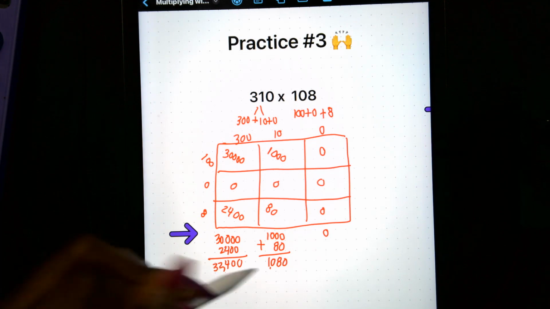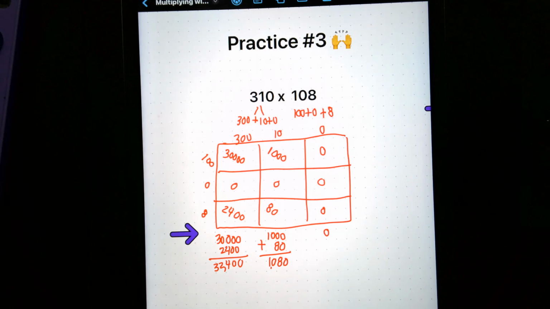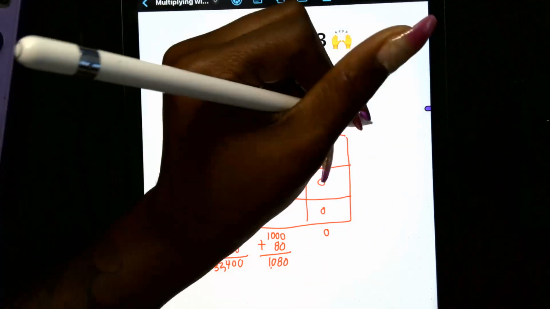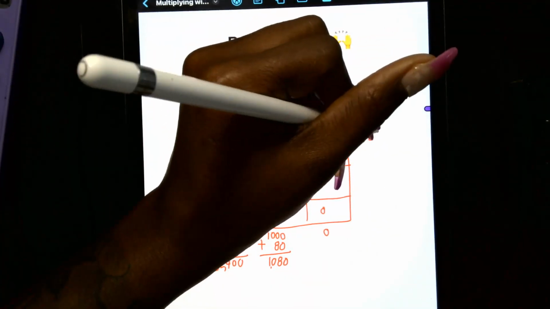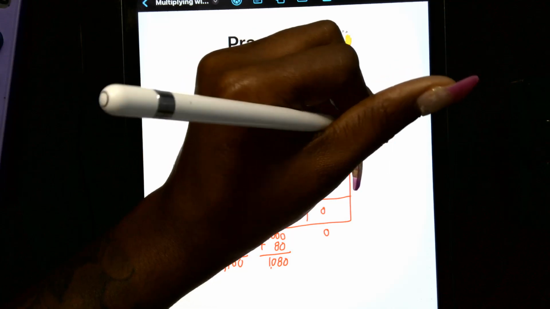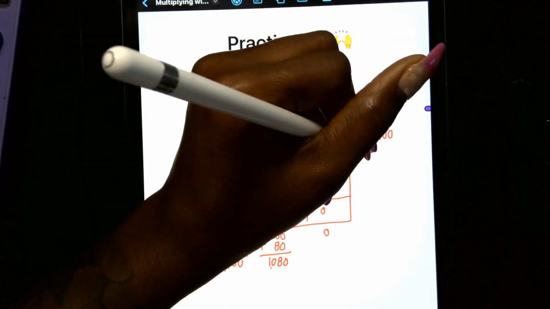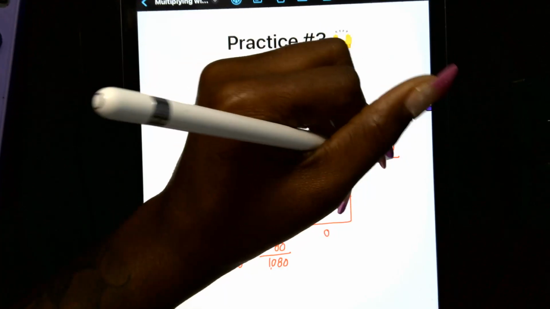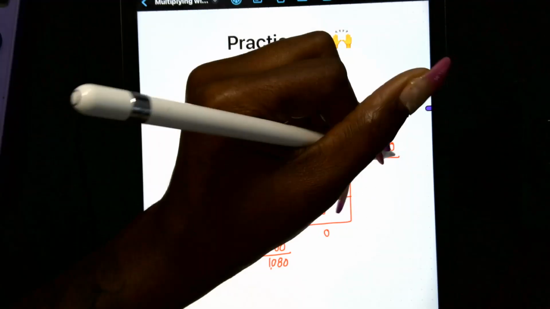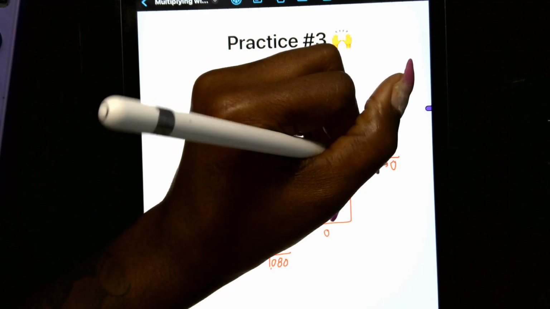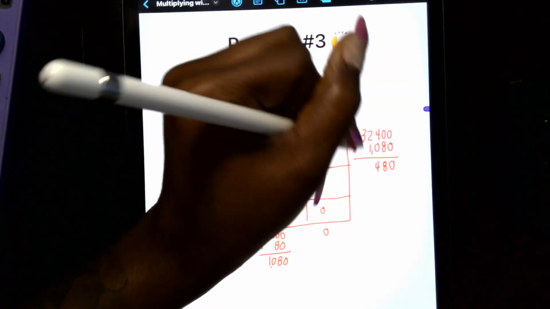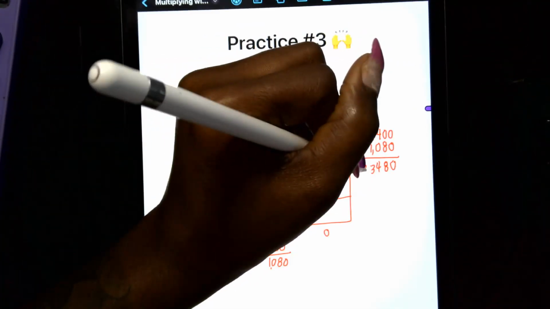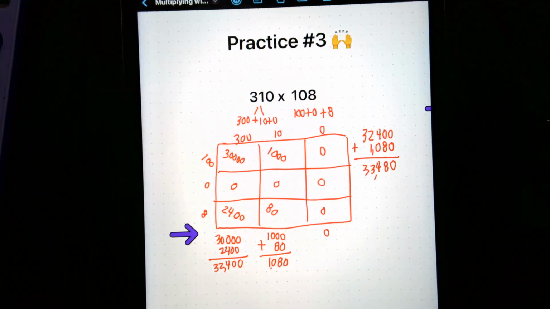So now I'm going to add these numbers up to figure out my final answer. And no need to add the 0. 0, 8, 4, 3, 3. 33,480.